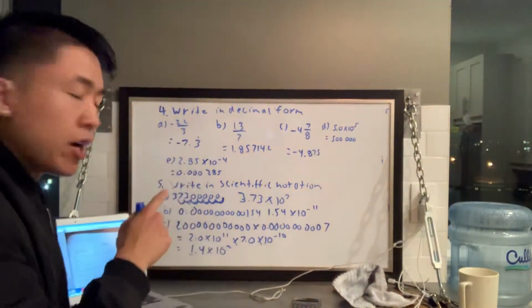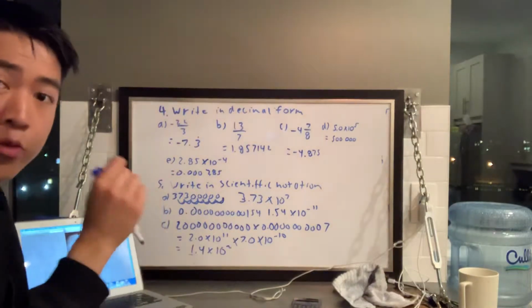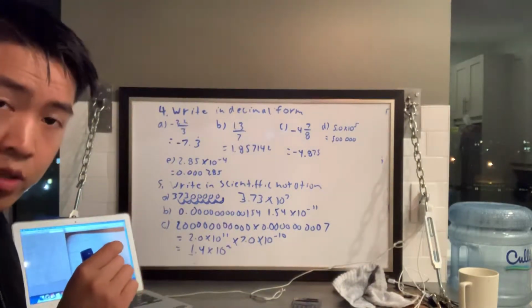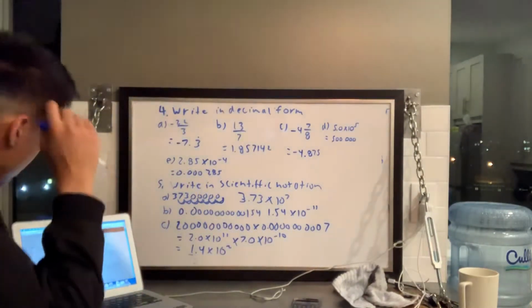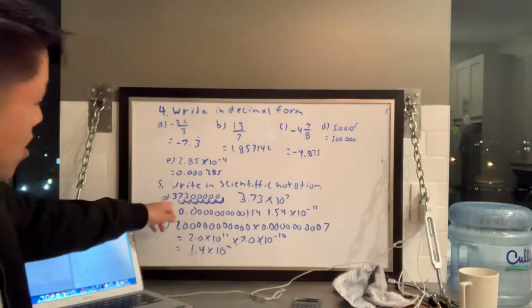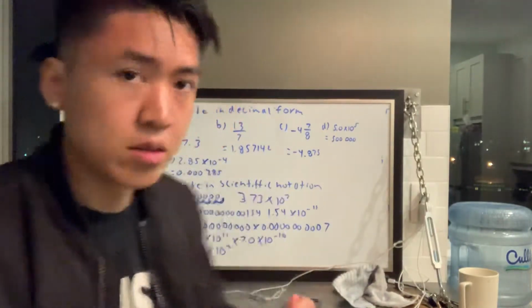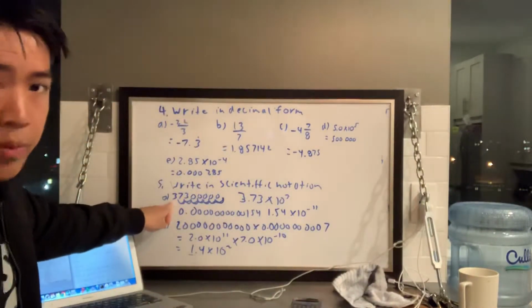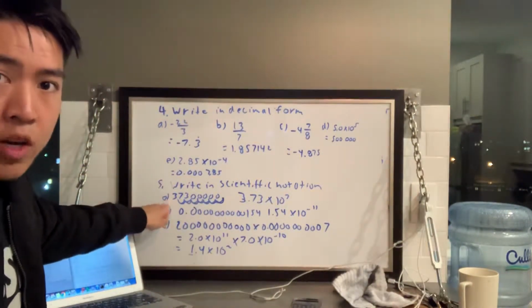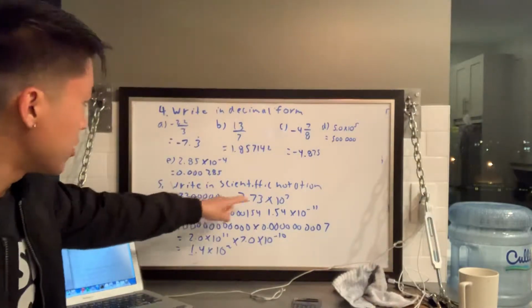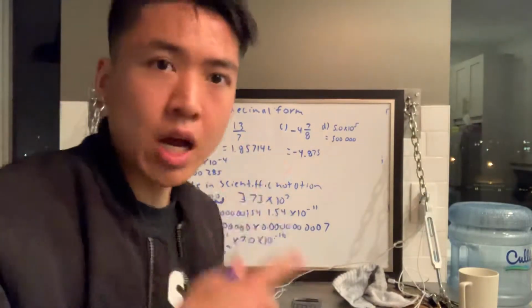Why do I stop there? Because in that way, I only have 3 in front, or one number. So I don't stop at 37.3, I stop at 3. Remember that, you only want one digit in front of that decimal. So that is 10 to the 7 because I moved 7 times.